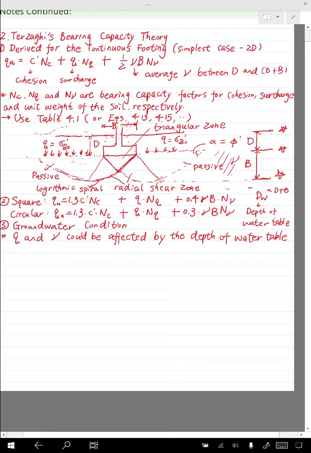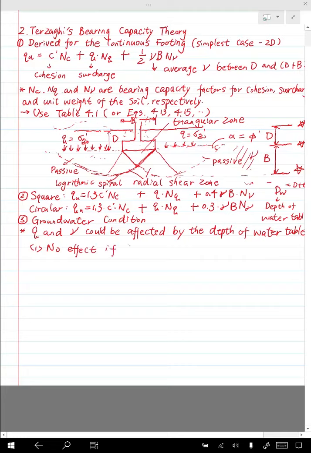So if water is below this, that will not affect the gamma here. So the first condition, no effect if dW is greater than D plus B.